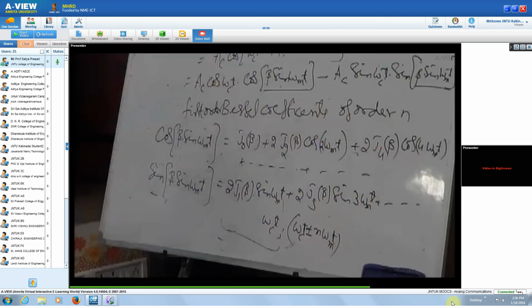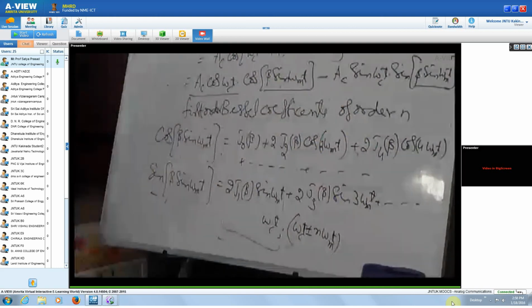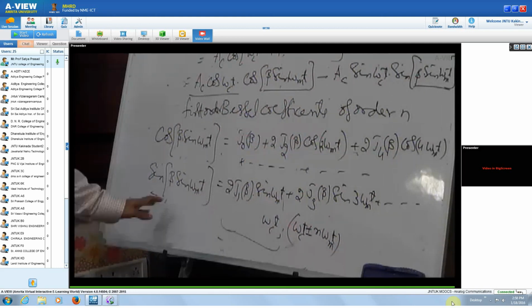So anyhow you multiply this and put all the sideband frequencies. We are going to get all the different sideband frequencies with fc plus or minus, positive and negative, up to plus infinity and minus infinity. So all those things we are going to get.